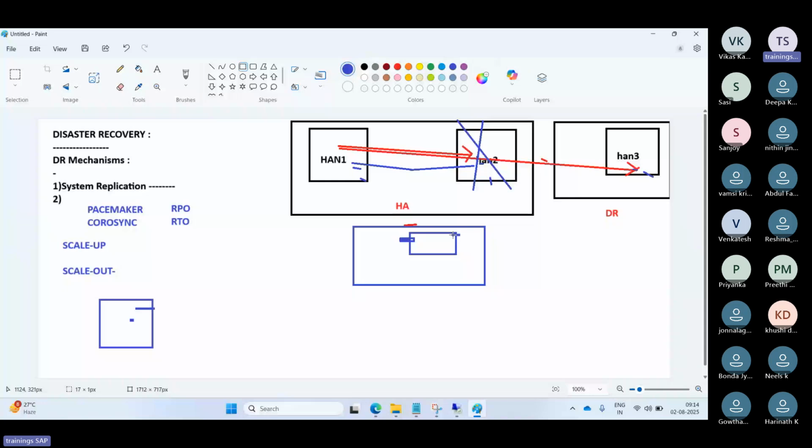Both are the same, but this one is a DB as a service, while on-prem everything is under your control. So HANA we can install on the cloud, and also on premises in your own data center. That is the main thing.